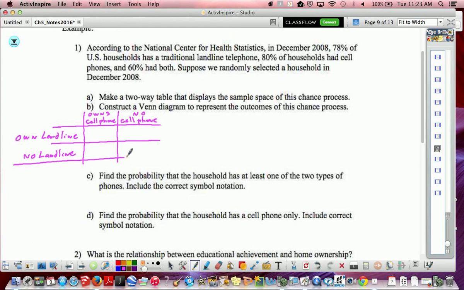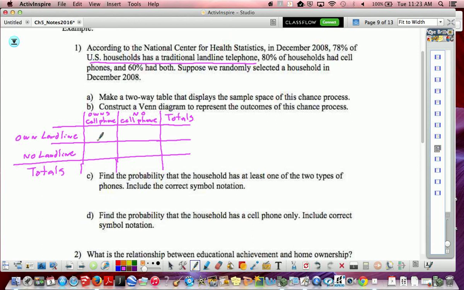Alright, anyway, the other thing that I'm gonna throw on here are my totals, because they don't give me every single number up here. They only give me a certain set of numbers. So, let's see here. It says, in December 2008, 78% of U.S. households have a traditional landline phone. So, where does that number go?